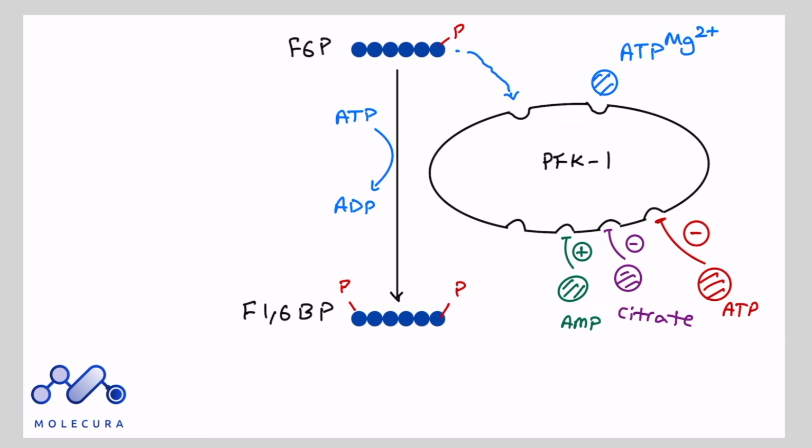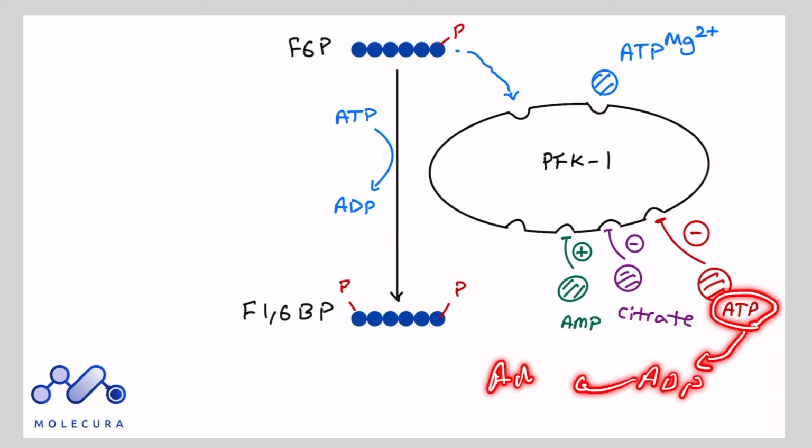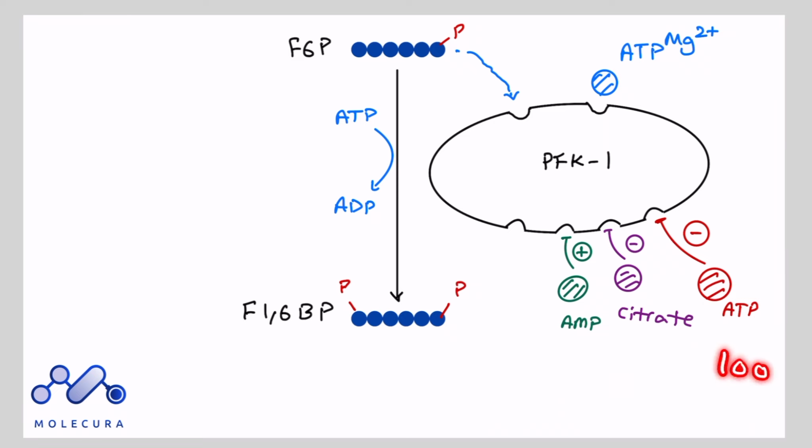Now, why AMP and why not ADP? The point is that the level of AMP in the cell is going to be more reflective of the energy state of the cell. The reason is that the amount of ATP in the cell is a lot, okay, followed by the amount of ADP and followed by the amount of AMP. So a small change in ATP is going to reduce the percentage by a small amount. Let's say we have 100 ATP in the cell.